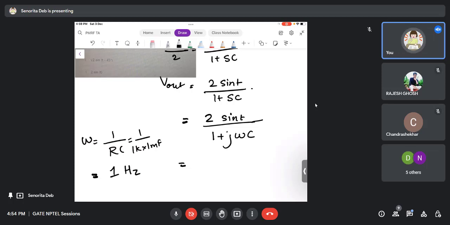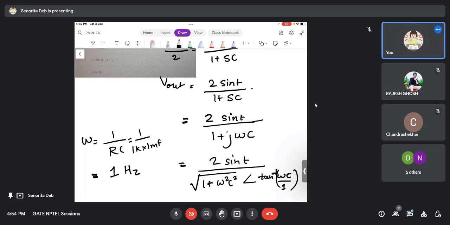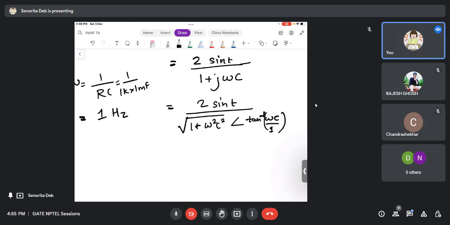2 sine t upon under root 1 plus omega square C square, and what is the angle? Tan inverse omega C by 1. I hope you know this. This is nothing but complex number representation. Now omega you know is 1, C is 1 millifarad.